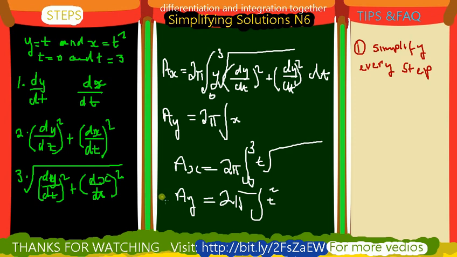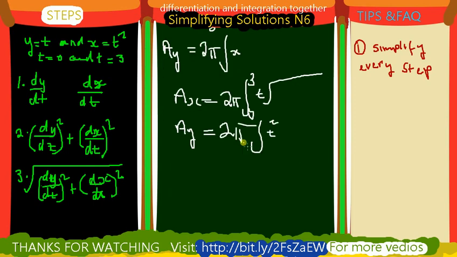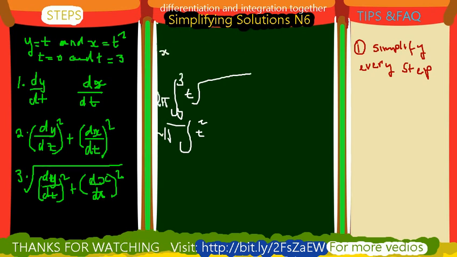Now let's try to do the arc length one, then even both of them, using those equations that we see.